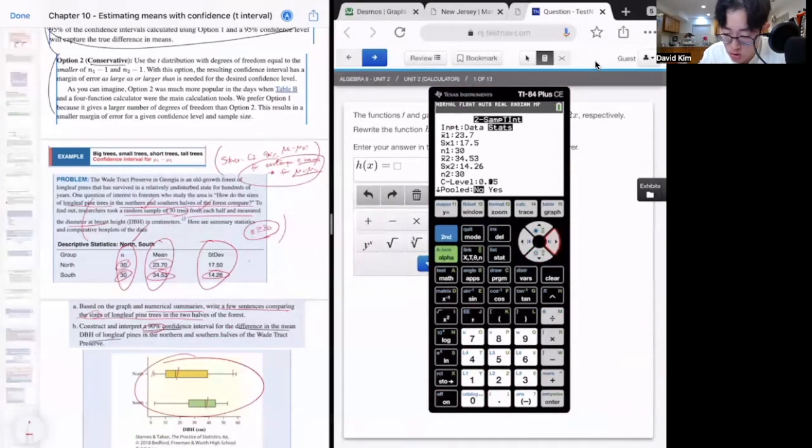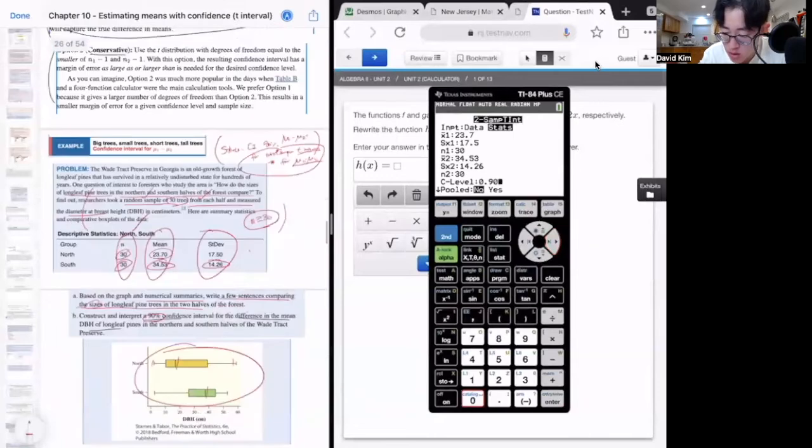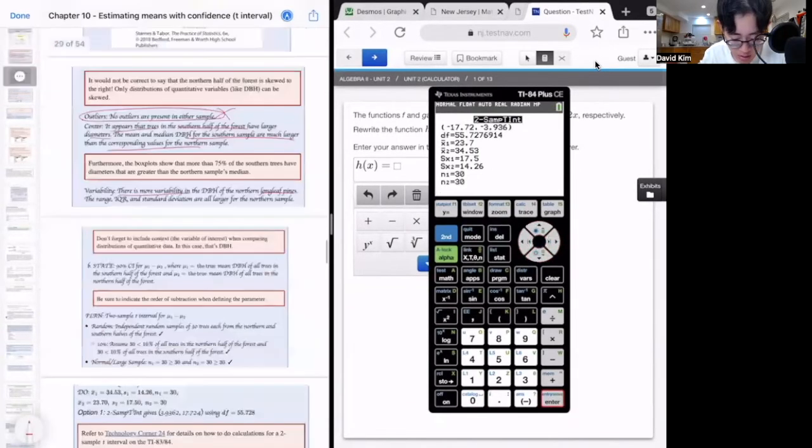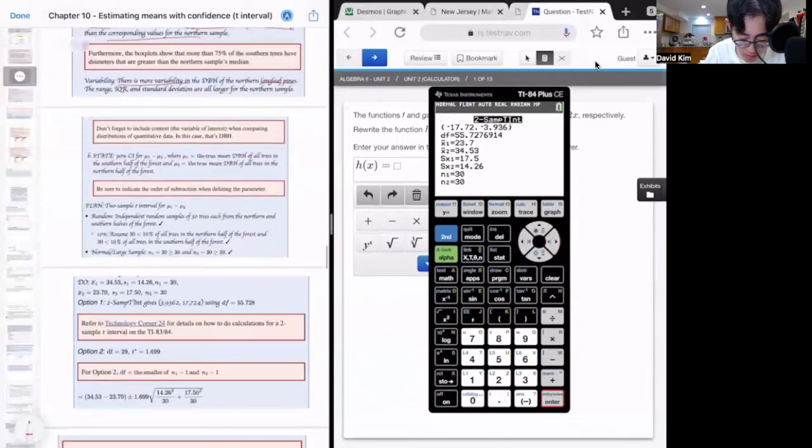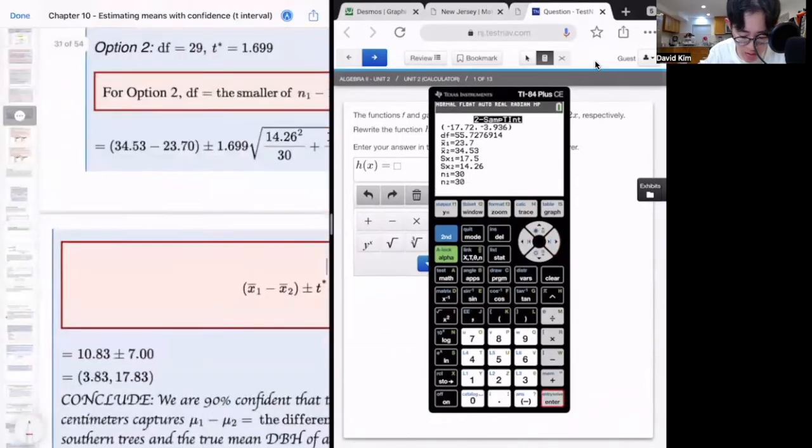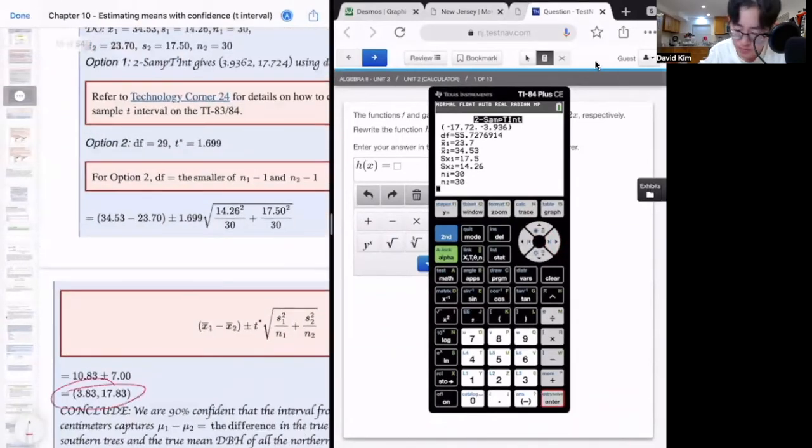Confidence level, I believe they said it was 90% confidence interval. Pooled, you can just say no to that and then just press calculate, and then here we go for the final answer.